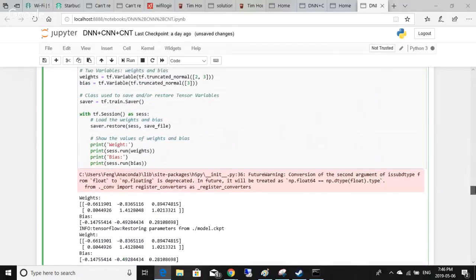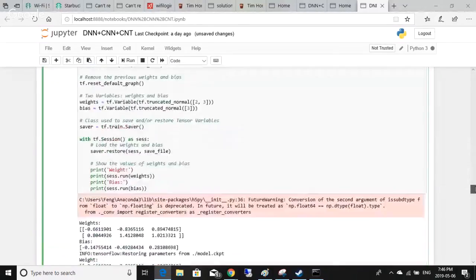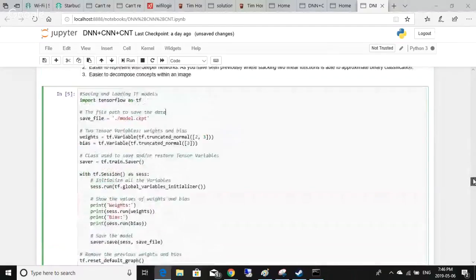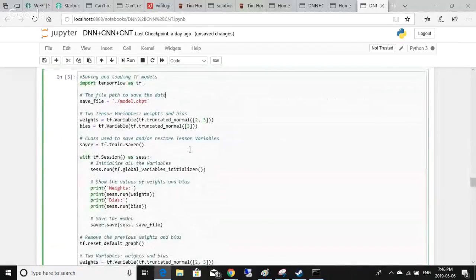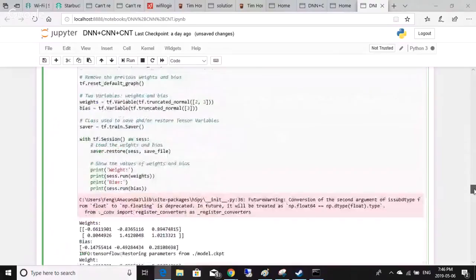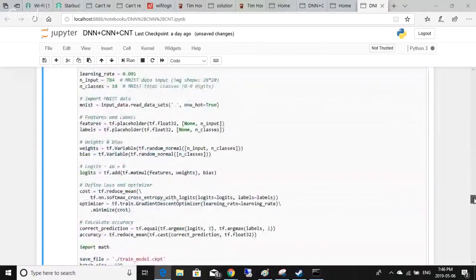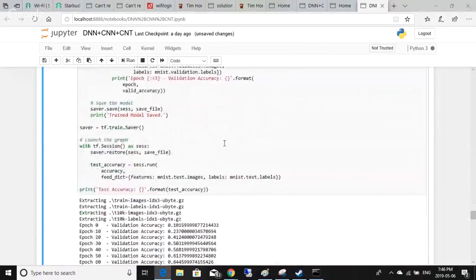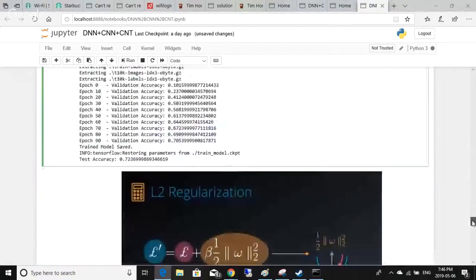So this is just an example of saving a TF model. A TF model is kind of a pain to restore. You have to actually restore the variables themselves, which is not my favorite. And this is an example of saving and restoration of the model.